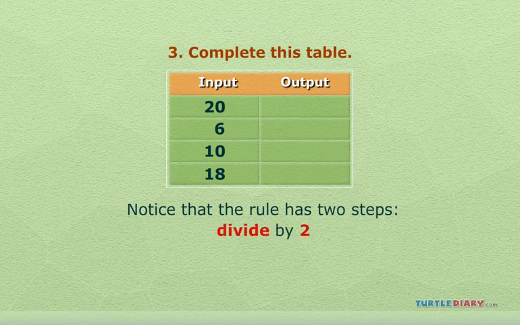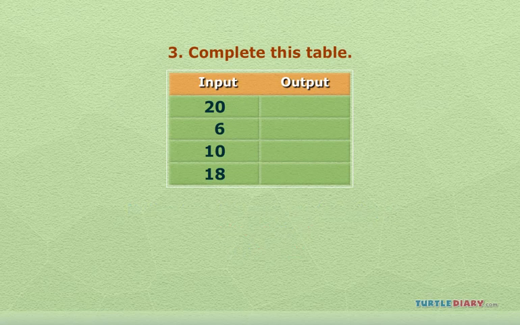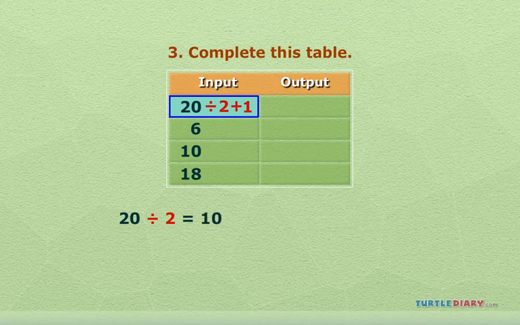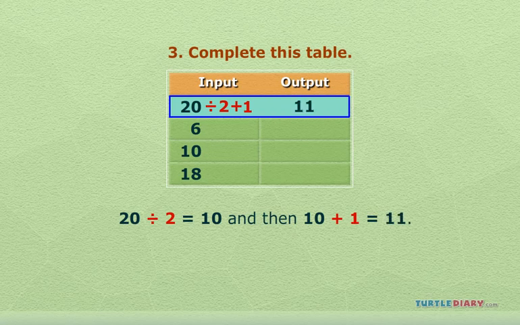Divide by 2, then add 1. Let's start with the first input, 20. We have to first divide by 2, then add 1. 20 divided by 2 equals 10, and then 10 plus 1 equals 11. So 11 goes in the output spot.